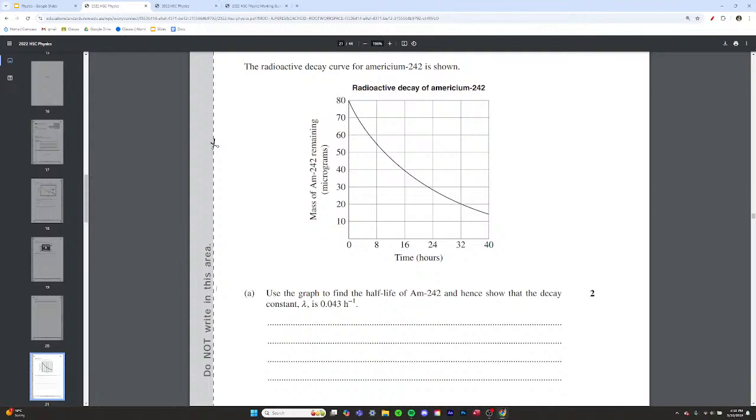Why is the decay constant the same as wavelength? Oh, jeez. So 80, you want to go to 40, find the half-life, 16 hours.